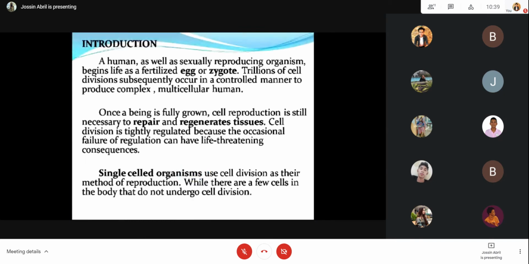Trillions of cell divisions subsequently occur in a controlled manner to produce complex multicellular humans. In other words, that original single cell is the ancestor of every other cell in our body. Once a being is fully grown, cell reproduction is still necessary to repair and regenerate tissues, because all multicellular organisms use cell division for growth and maintenance, and repair of cells and tissues.